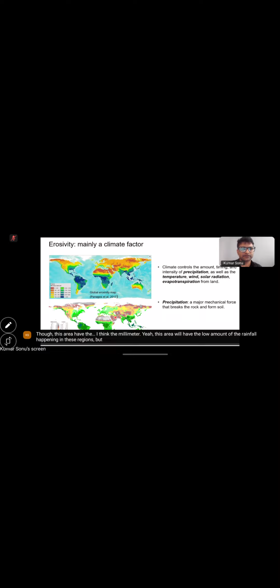So here we have the global rainfall erosivity map. Erosivity maps are mostly made based on rainfall data. Here you can see the total annual rainfall. In this area we have a low amount of rainfall. And here, the lowest amount is in African countries.